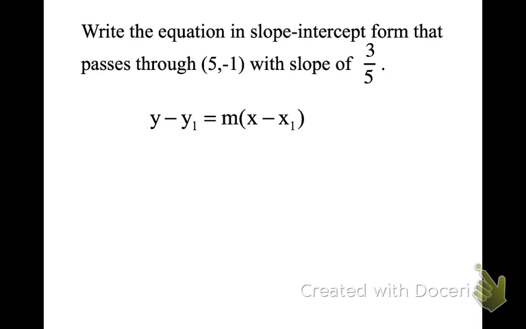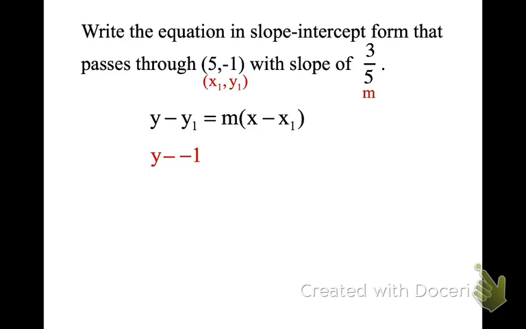We don't say m parentheses. We say m times the quantity. Good. Now, what am I substituting? Y minus negative 1. I like to write both negatives just to record what was originally given. Okay. Y minus negative 1. Good.